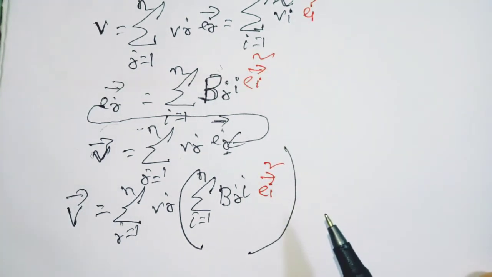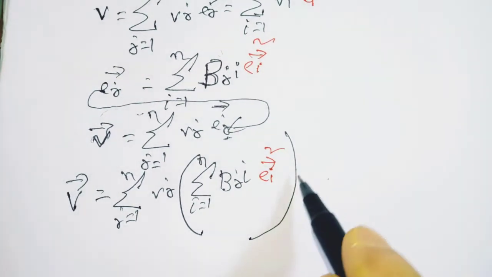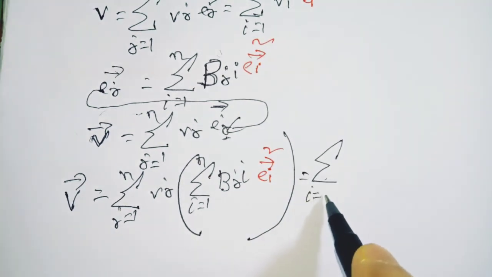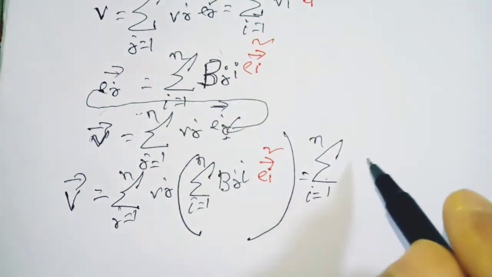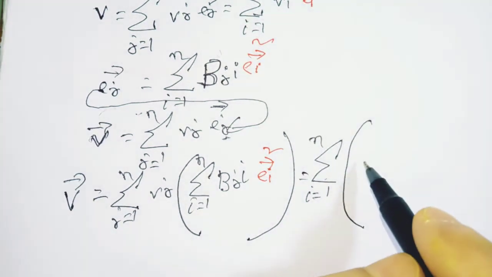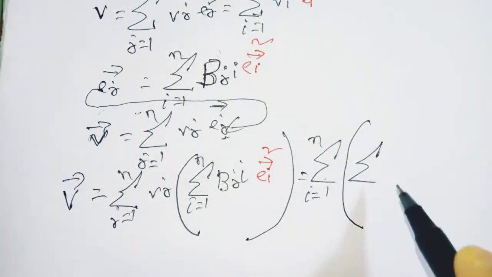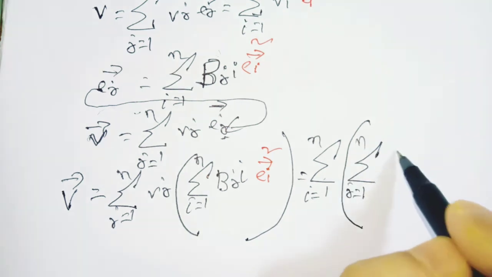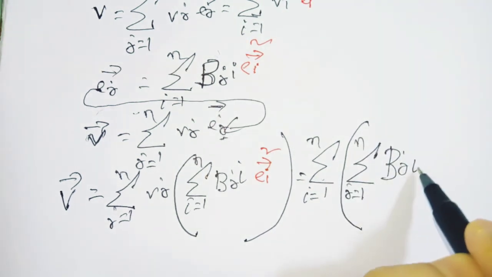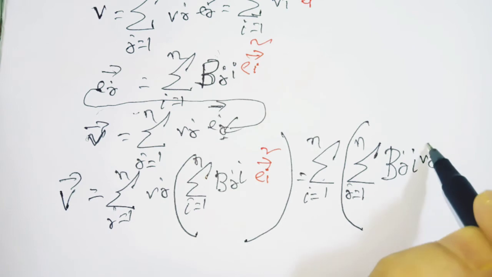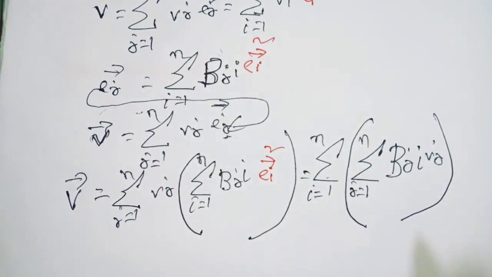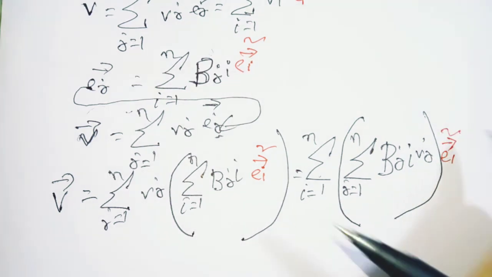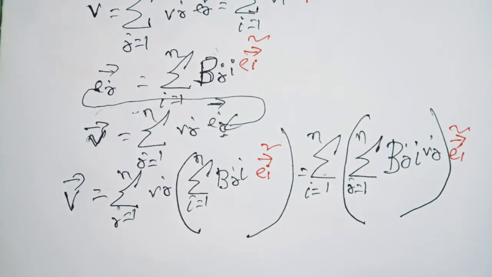If we do further calculations, which I have made in a short way, this equals sigma of i equals 1 to n, and then a big bracket with sigma j equals 1 to n b j i vj, bracket closed, ei tilde, right.